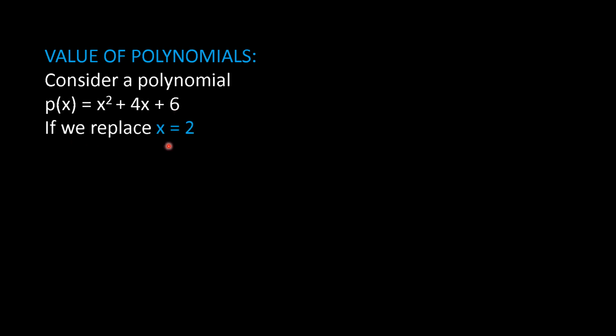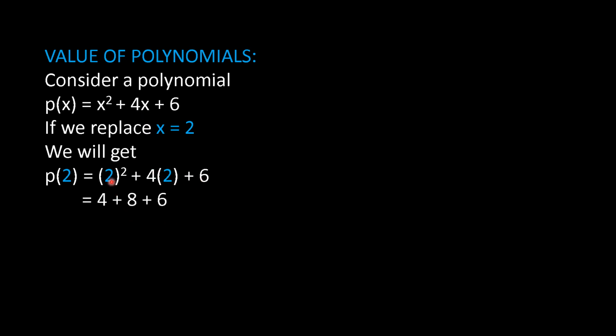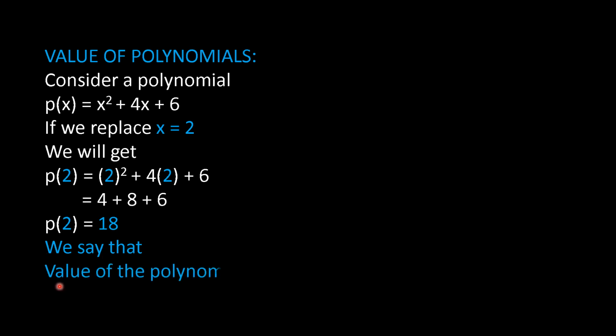If we replace x by 2, we will get p(2) = 2² + 4 × 2 + 6, which will be 4 + 8 + 6. That is, p(2) will be 18. We say that the value of the polynomial at x = 2 is 18.